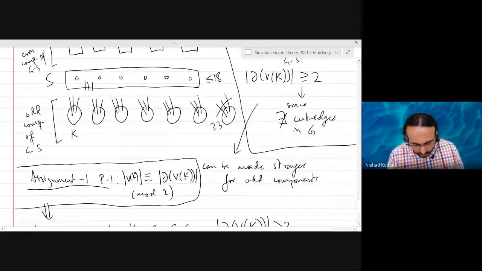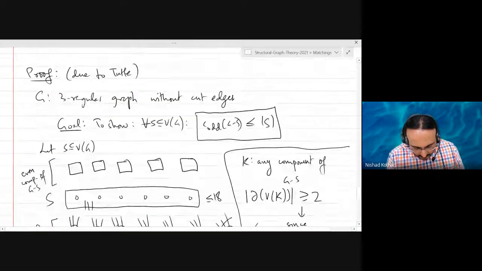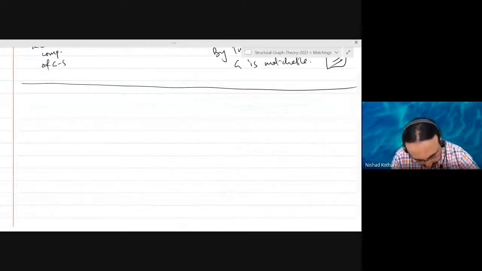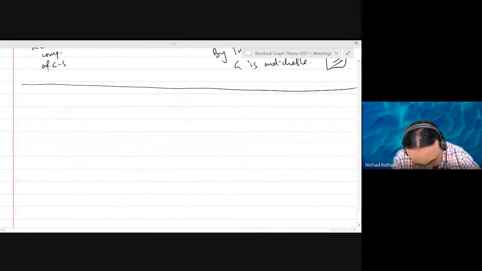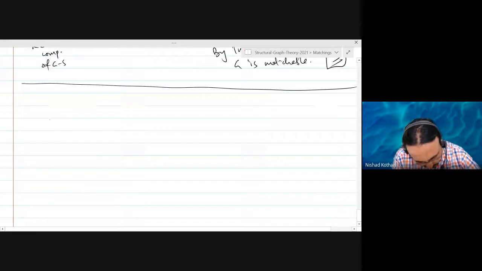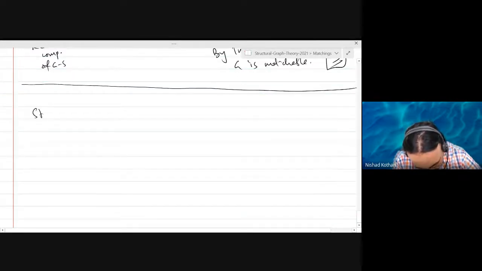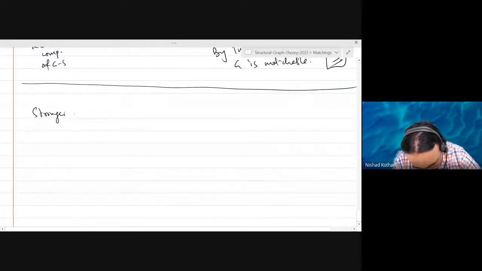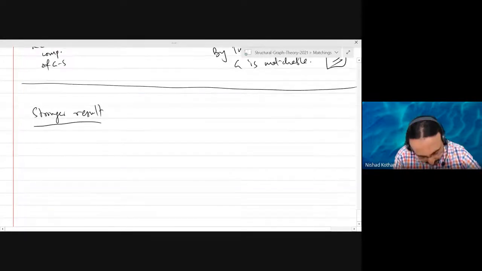Okay, so there is a stronger result that you can prove. It says the following.